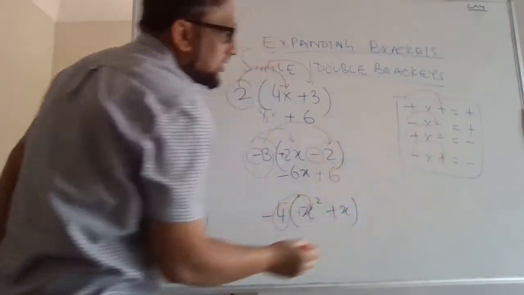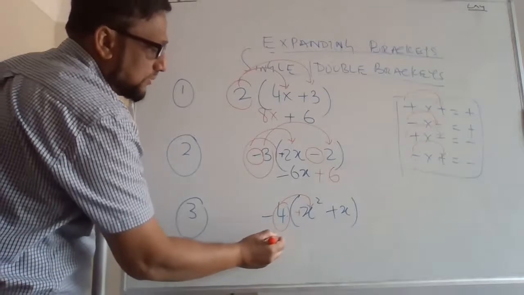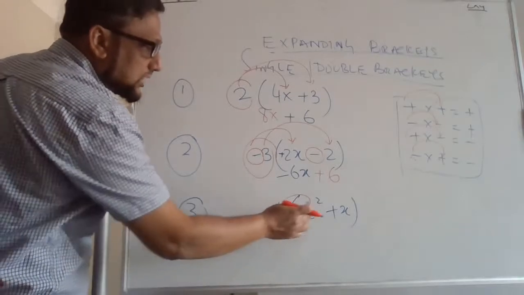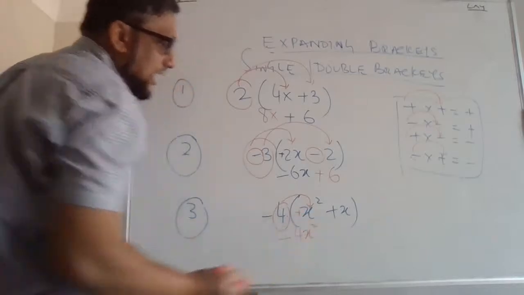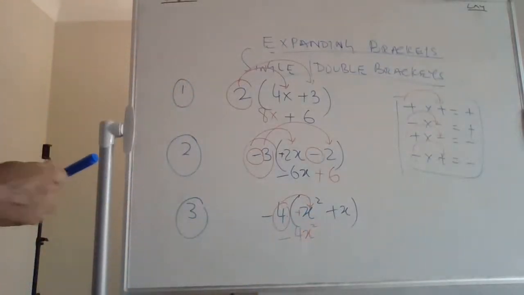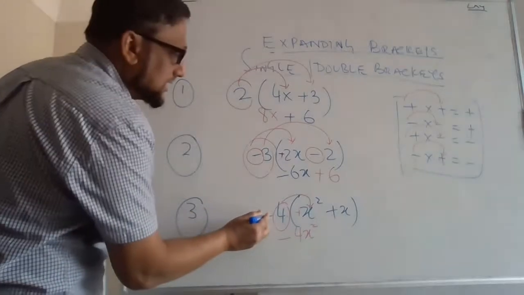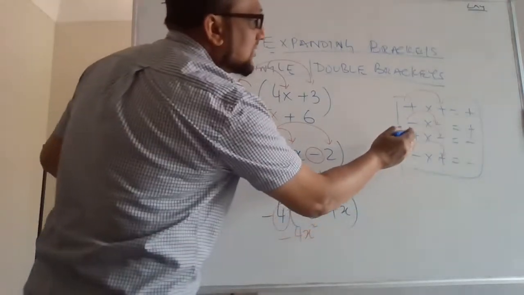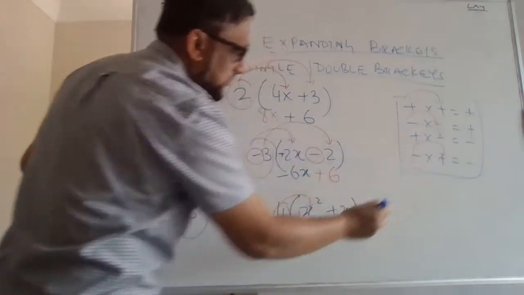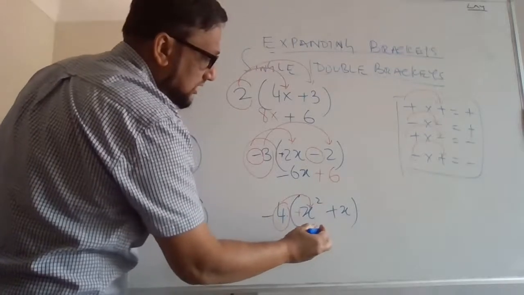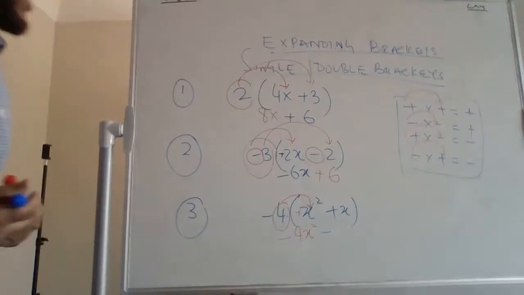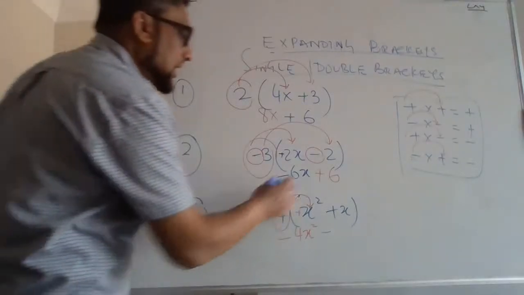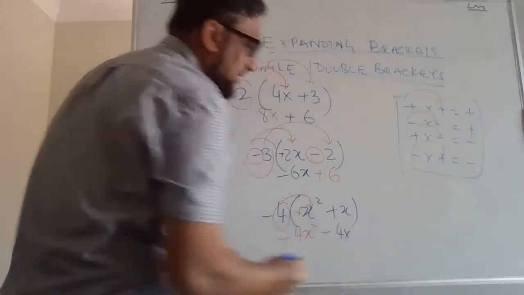Times plus, the sign is going to be changed to minus, and 4 times x squared is 4x squared. And this minus times with this plus, so it means the sign is going to be changed to minus, and 4 times x is 4x.